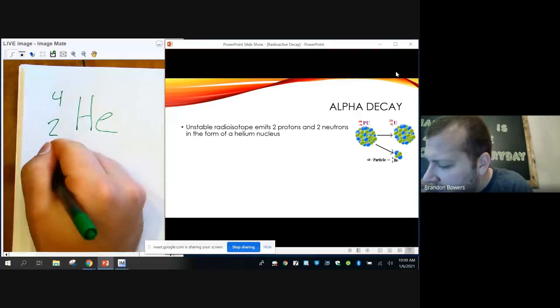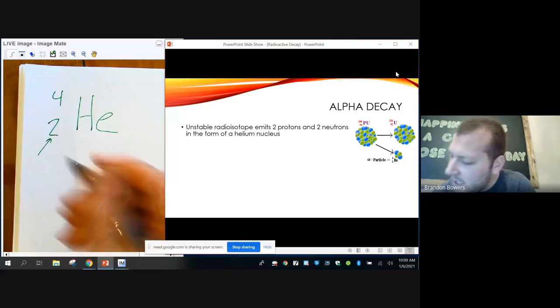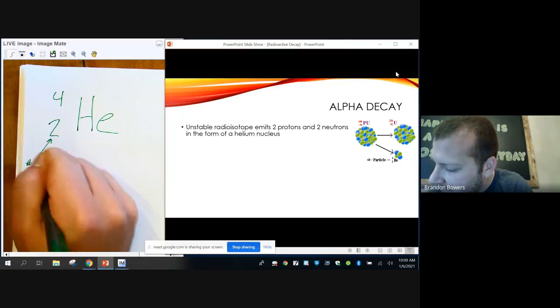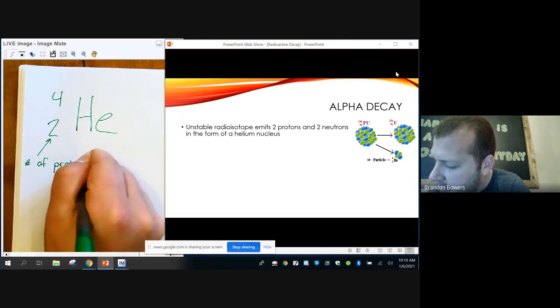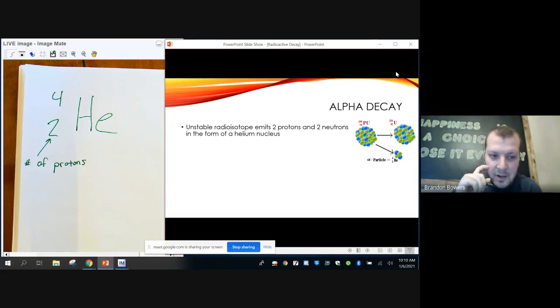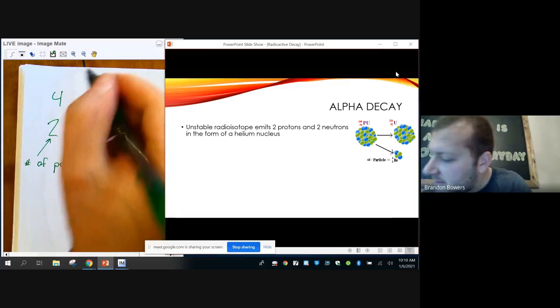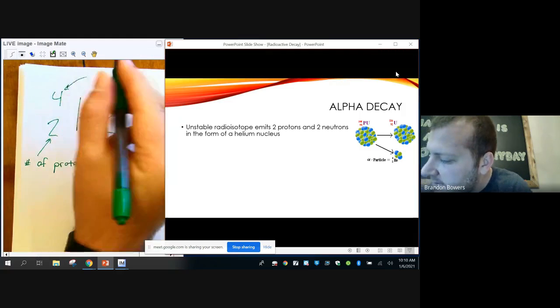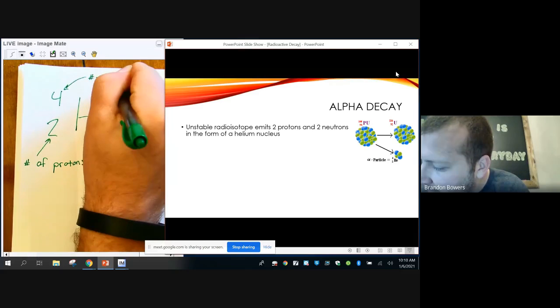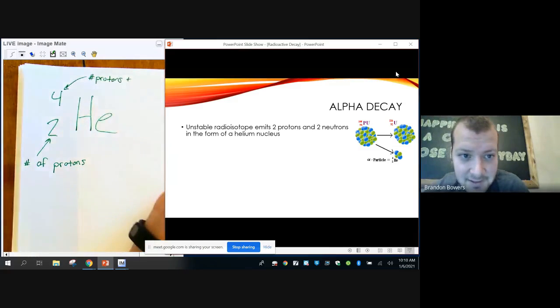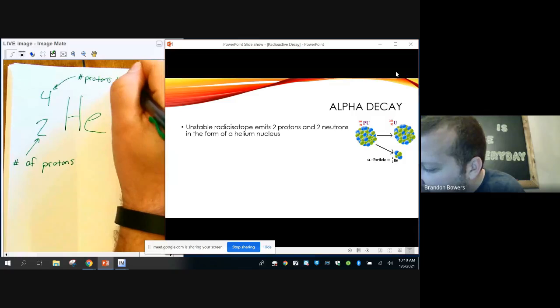The bottom number means the number of protons. The top number is the number of protons plus the number of neutrons.